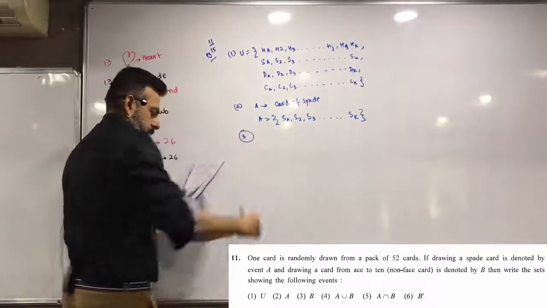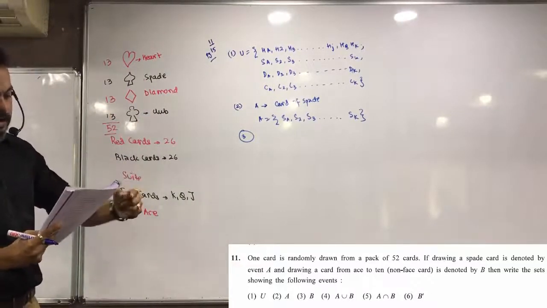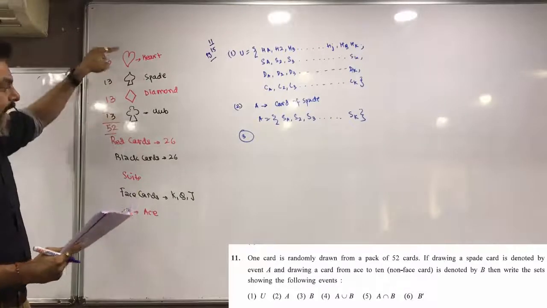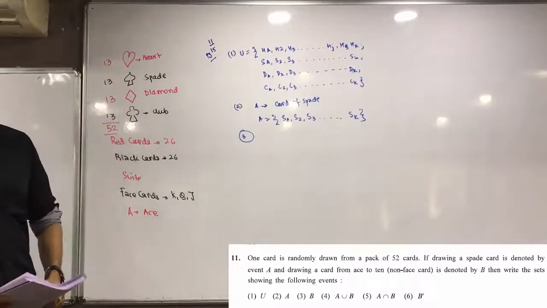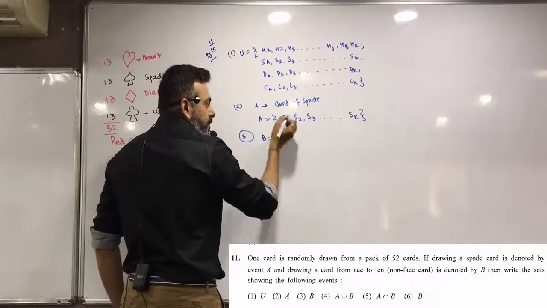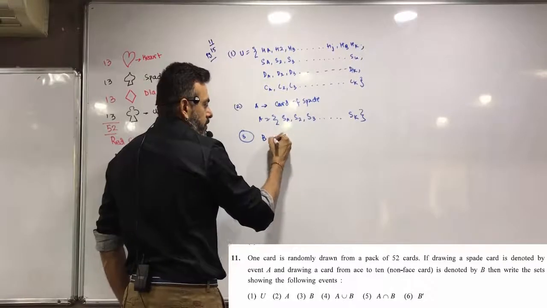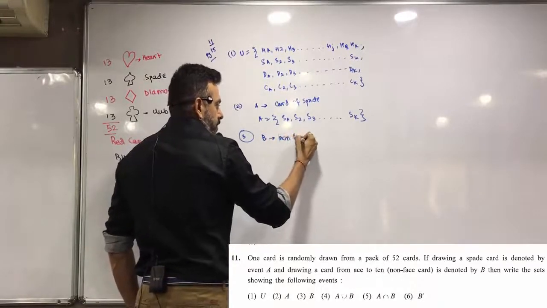Third is interesting. We are drawing a card from ace to 10, but कौन सा suit वो दिया नहीं है. Okay, so how many total cards will be there? It will be 40 cards. Isn't it? Non-face cards.